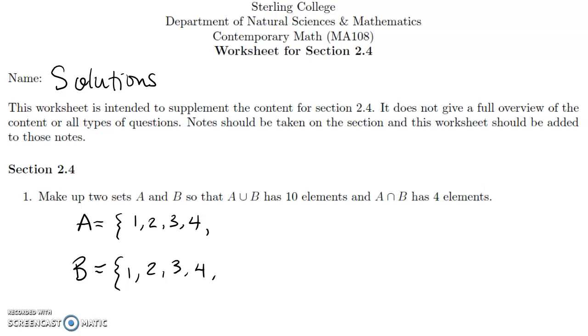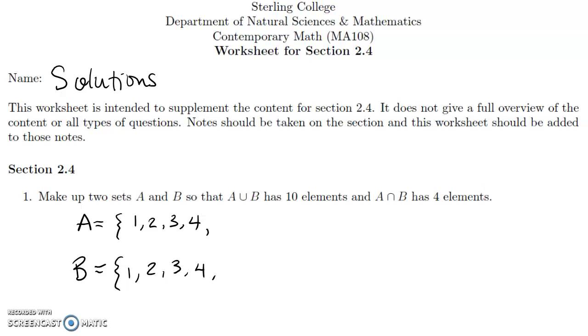Now let's start to try and add more elements so that the union between the two has 10 elements. Remember that unions only take into account unique elements, right? If it's an element of both, it gets added, which is cool. But also if it's an element of either one. So notice my union already has 4 elements in it. It already has 1 through 4.